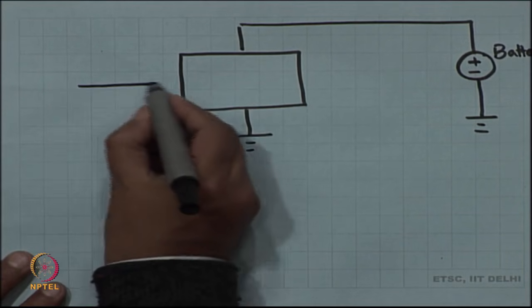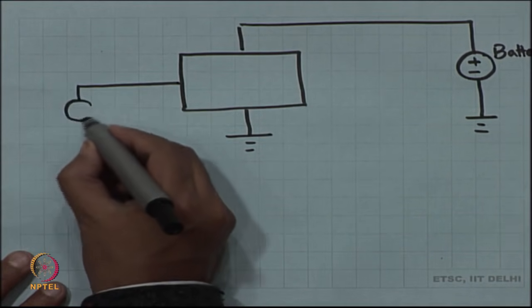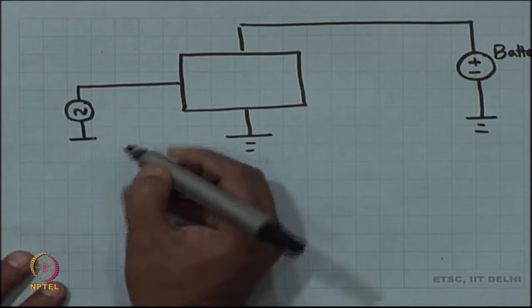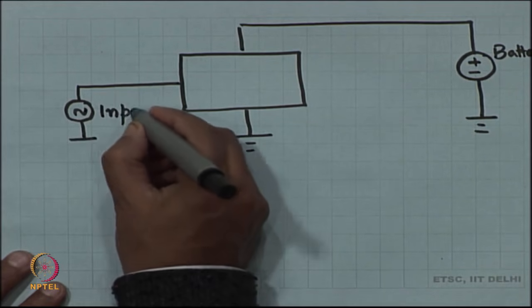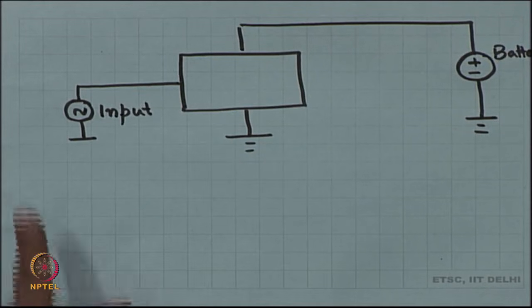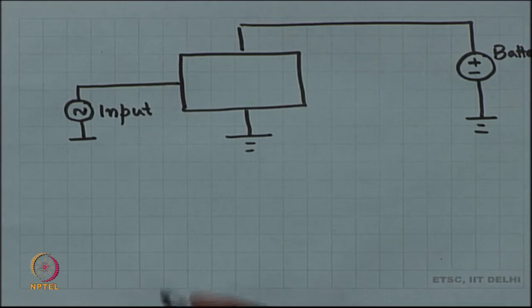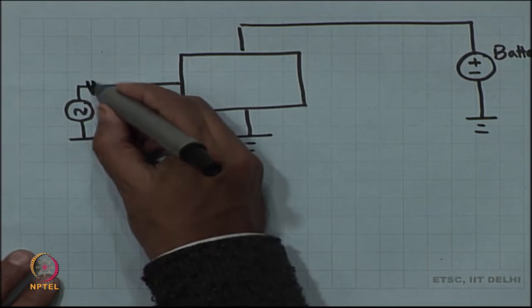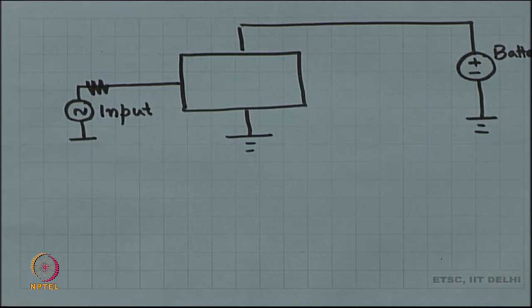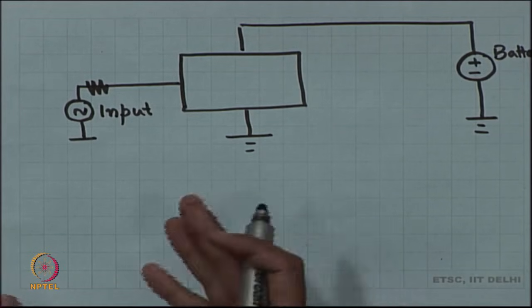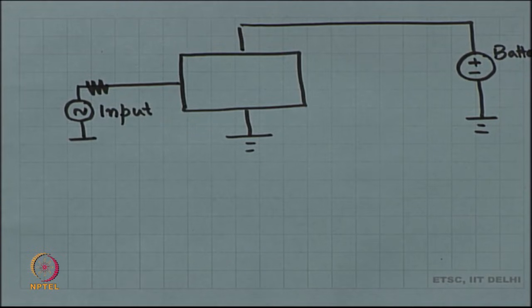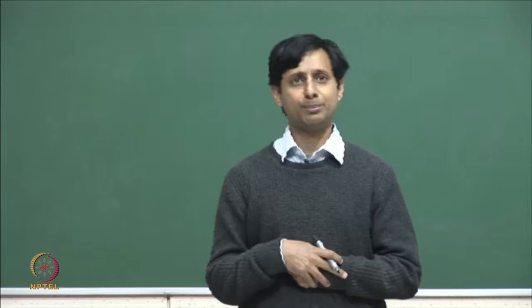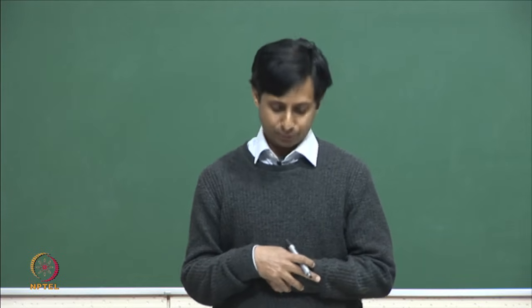Now, I am going to give you an input. So, here I am showing a sinusoidal voltage source, but this is really a sensor, right. And when we say that it is a sensor, the sensor is going to have some source resistance, because if it does not have a source resistance, then you can use that voltage source directly and it will produce whatever power that you ask it to produce.